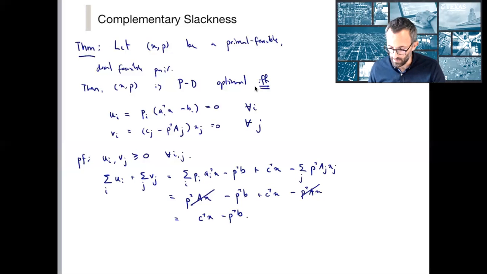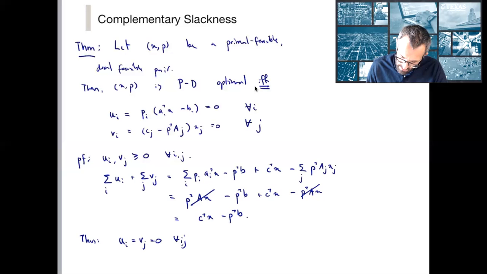So what does this tell us? The conclusion here is that ui equals vj equals 0 for all i, j if and only if there's no duality gap, if and only if c transpose x equals p transpose b, which was our original condition for optimality for the primal dual feasible pair.